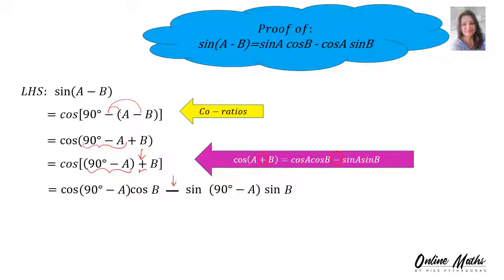Then you can say cos 90 minus A is a co-function and it's sin A. And the cos B writes with minus, and sin 90 minus A becomes cos A and the sin B writes with. So the compound angle for sin A minus B is sin A cos B minus cos A sin B. So the pattern sin cos cos sin, and if there's a minus, there's also a minus.